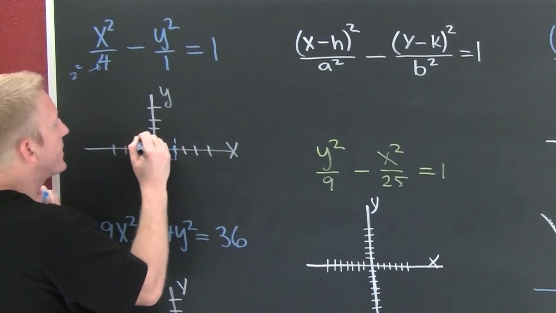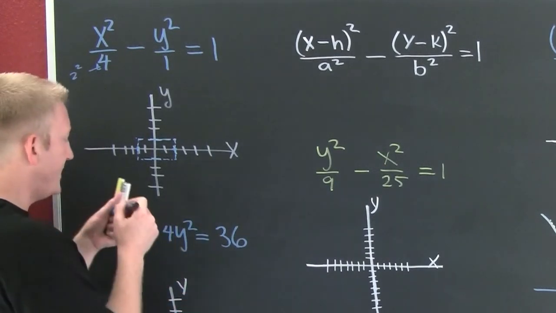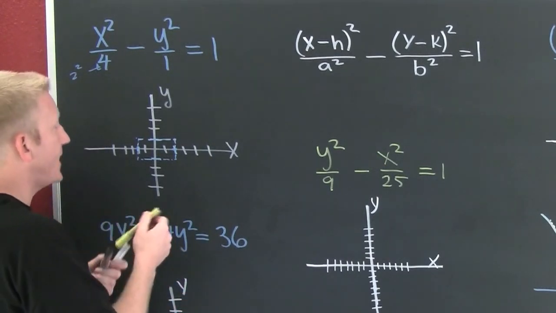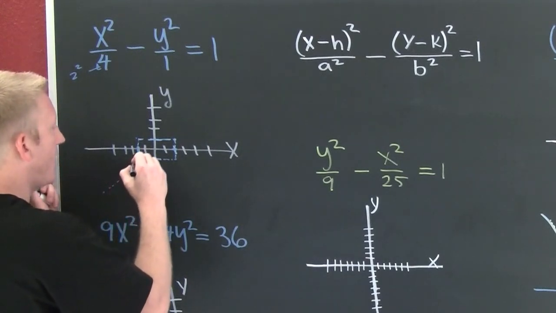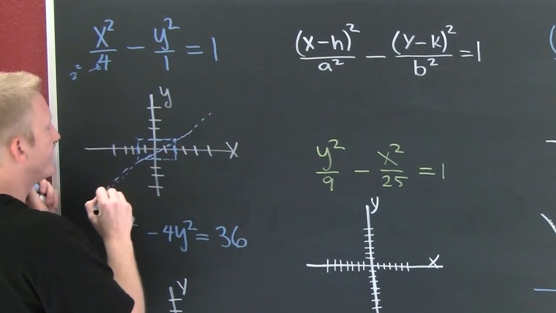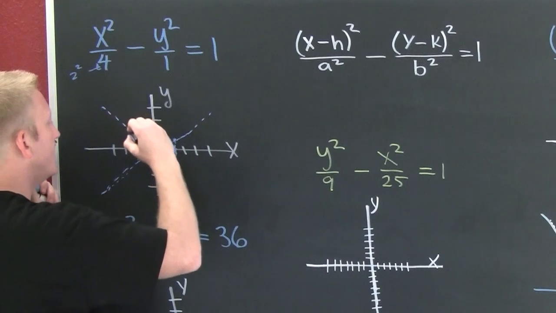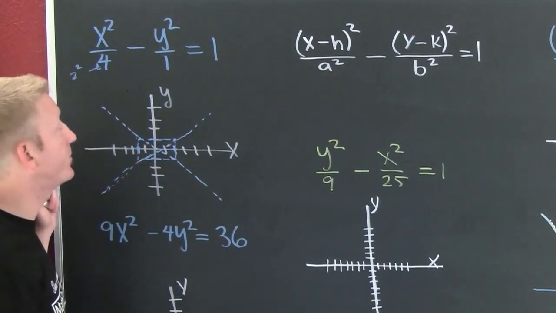I draw a box through those 4 points, and then I connect the diagonals of that box, running them through the corners. This is going to give the end behavior of your hyperbola.